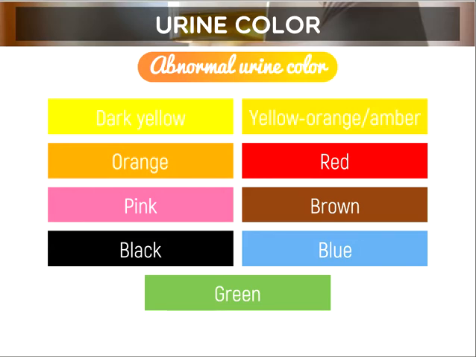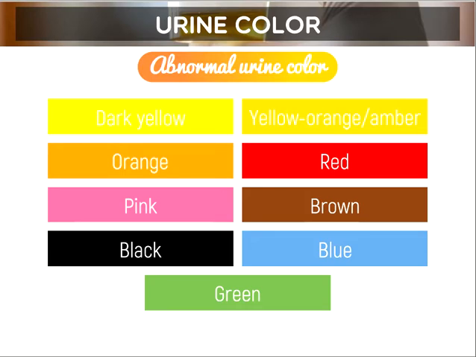So, for example, a more concentrated urine has a darker color, while a less concentrated urine has a lighter color, right? A more concentrated urine has a darker color, and a less concentrated one has a lighter color.